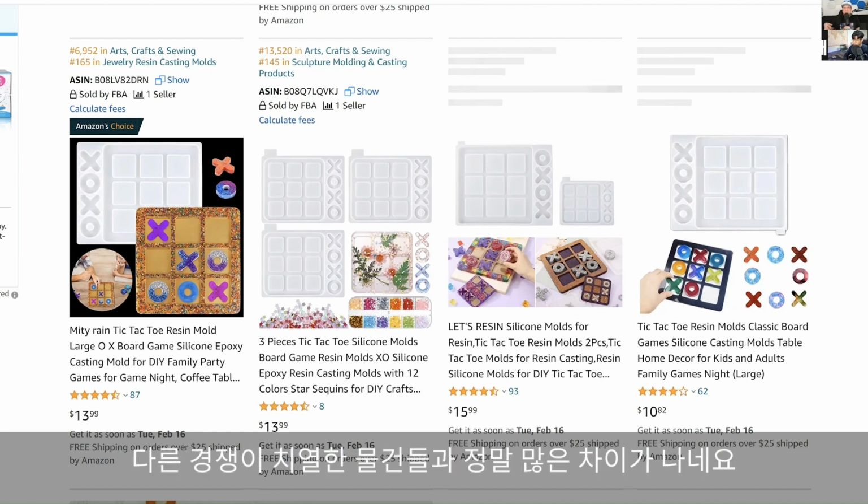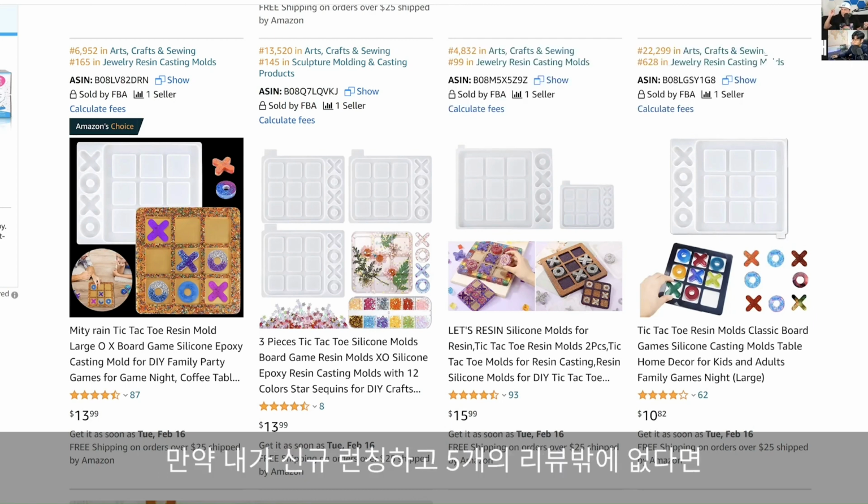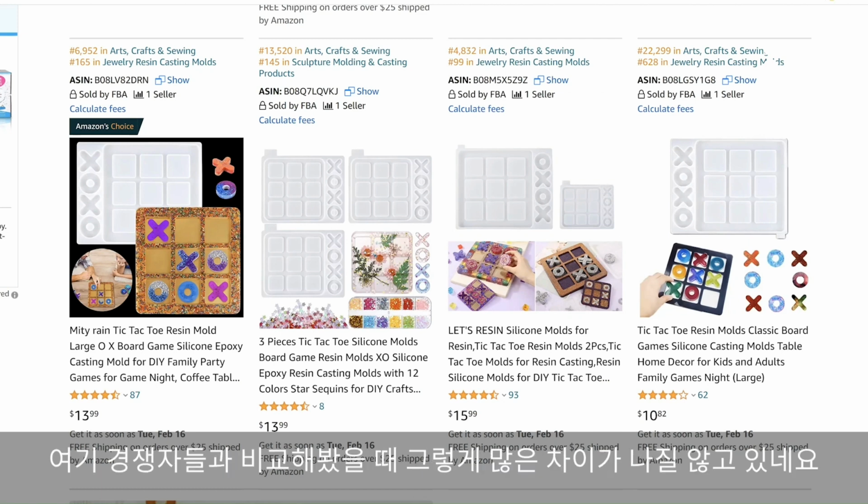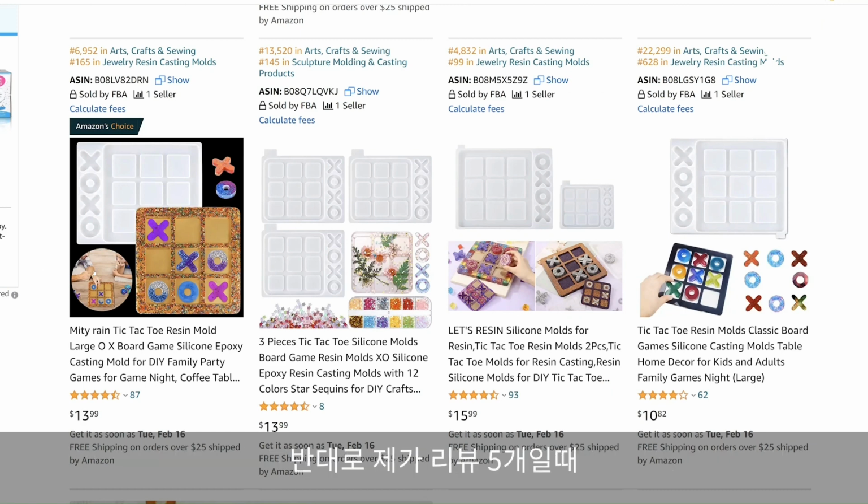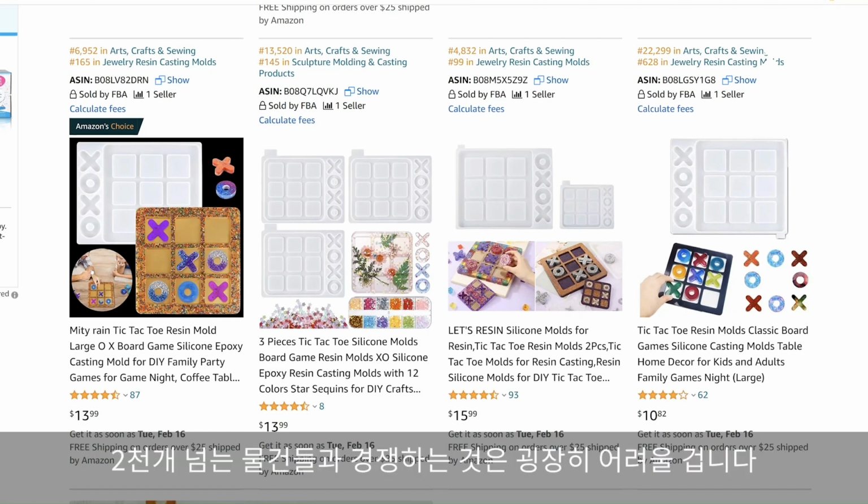This is a big difference with other, more saturated products, because if I'm a new product with 5 reviews, it doesn't look so bad compared to 8 or 80. When I have 5 reviews and I'm trying to compete with a product of 20,000 reviews, that's when things can get a little bit more difficult.